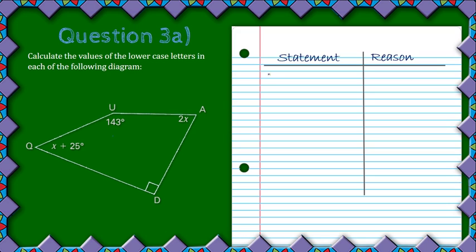So let's start with u. We've got 143 degrees plus x plus 25 plus 2x plus 90 degrees, and that would equal to 360 degrees. And my reason is angles of a quadrilateral.